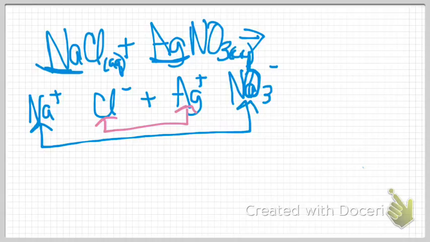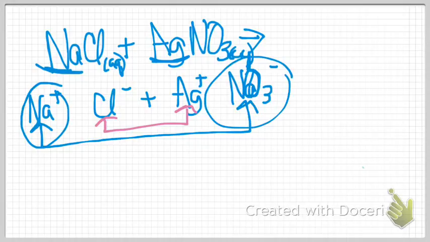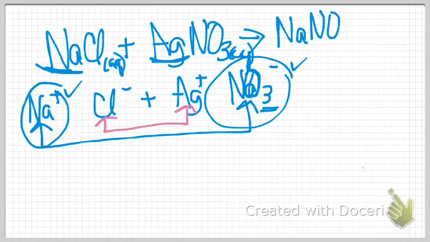What would be the correct formula when you put this sodium together with this nitrate? This has a +1 charge, this has a -1 charge. Please remember what you learned. Please do not try to move this 3. It is part of nitrate, that polyatomic ion that I asked you to learn. So this would be NaNO3. That is the correct formula for sodium nitrate.